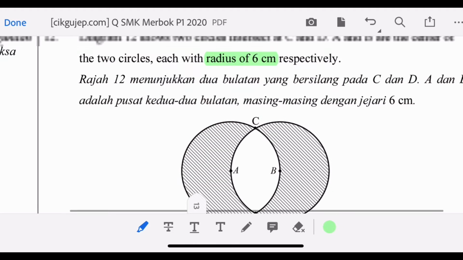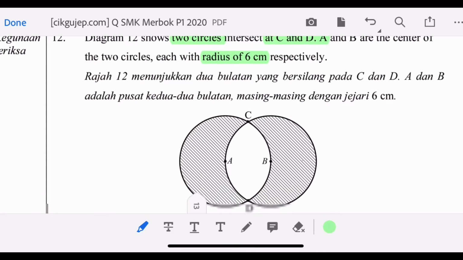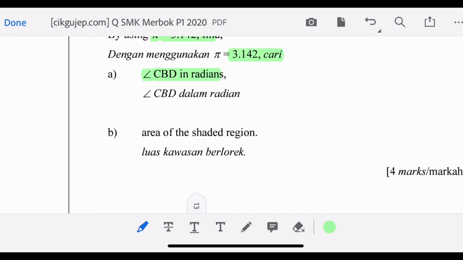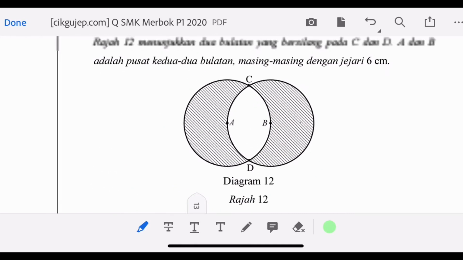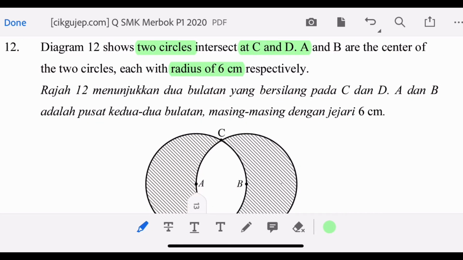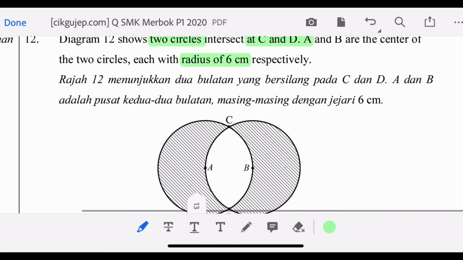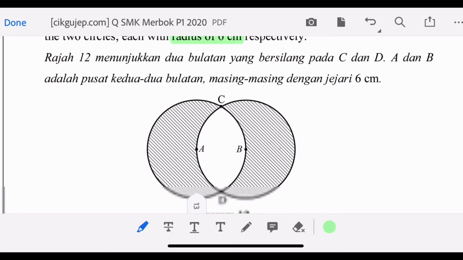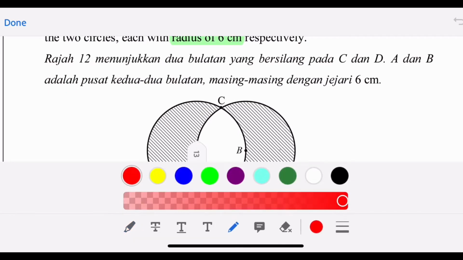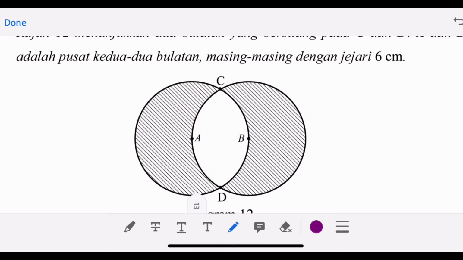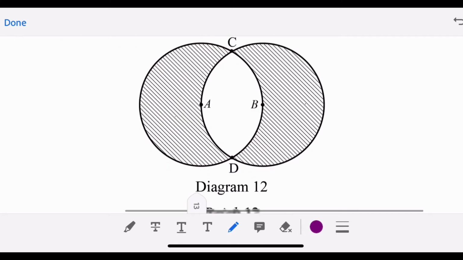So let's work out on the diagram because the angle was not given. But the diagram actually tell us what to do. Later we'll find the area of the shaded region. Now let's see how to do. We will focus to the diagram, and normally we will try to draw a line on the diagram to show the radius, because as you know, all the radius are having the same length, right?